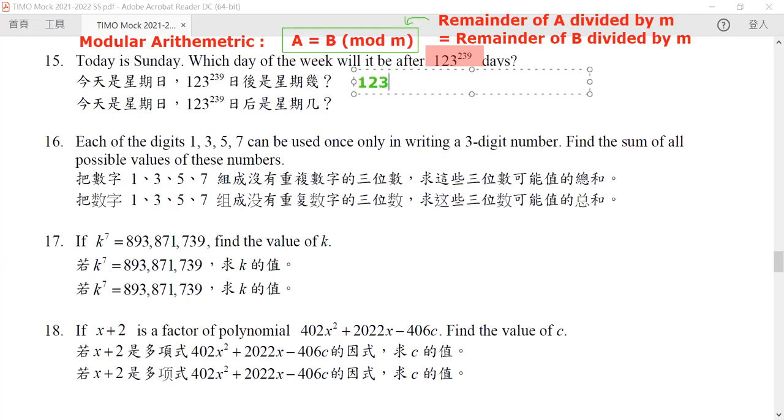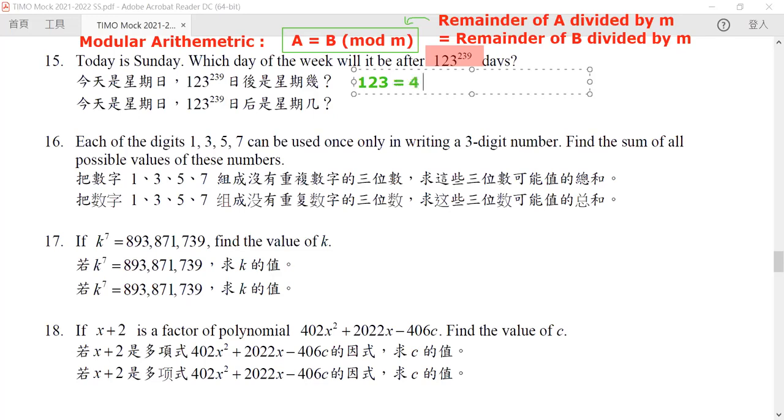When 123 is divided by 7, we will find out that it has a remainder of 4.